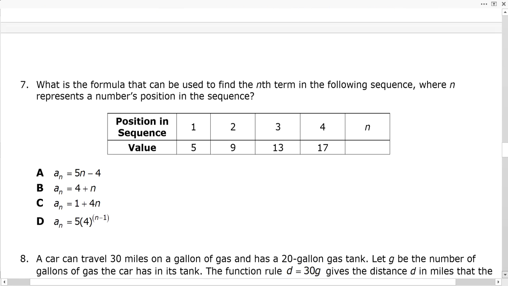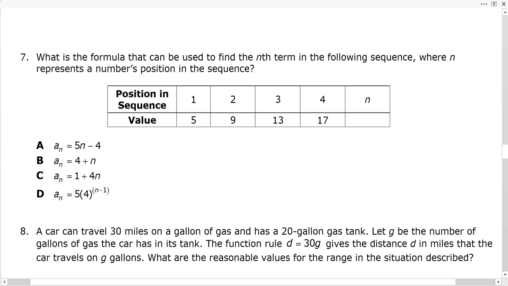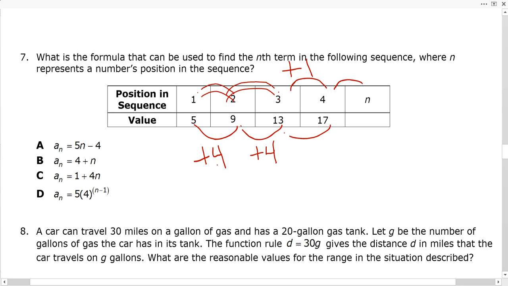Okay, number 7. We do not know what kind of sequence this is because it doesn't tell us. So I'm not sure which formula I'm going to use yet. But I do notice that these numbers are going up, I don't know what that is, plus 1. And these numbers are going up plus 4. 5 plus 4 is 9. 9 plus 4 is 13. 13 plus 4 is 17.